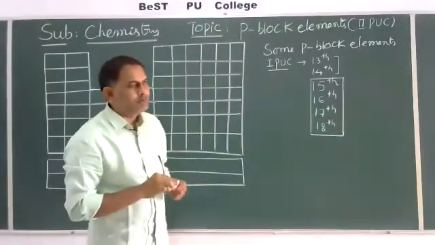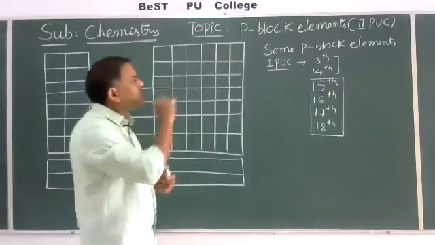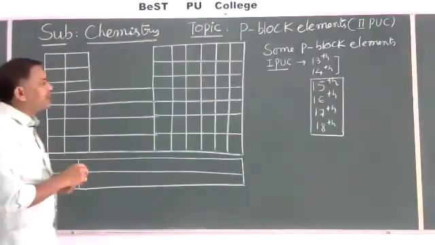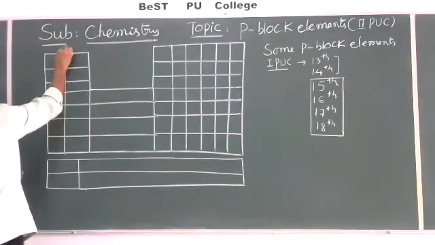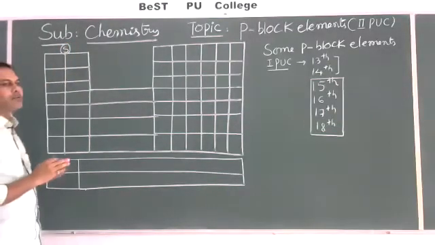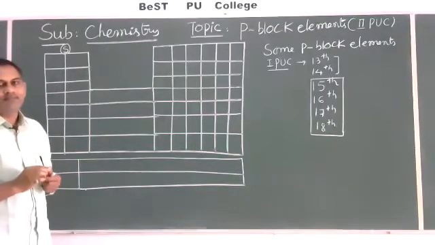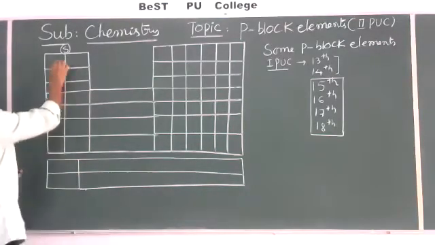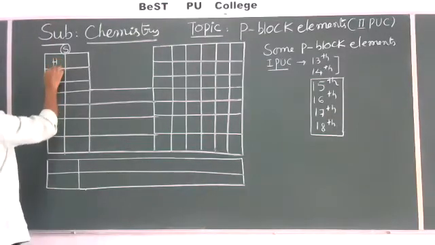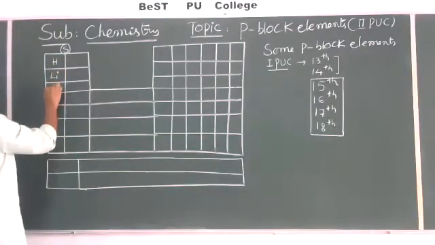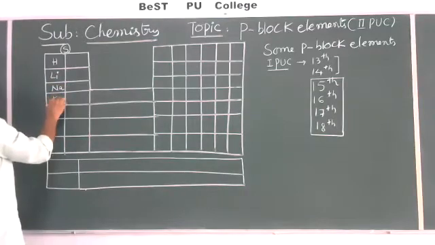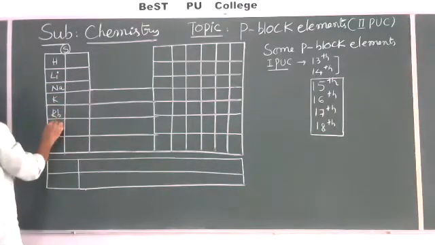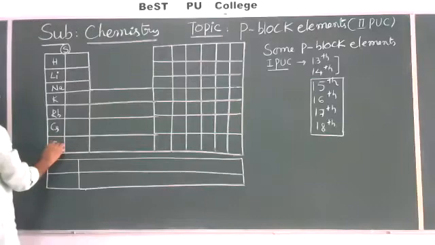So anyhow, from the blocks, in first year the S block, alkali and alkaline earth metals, was completed successfully. Here the alkali metals are hydrogen, lithium, sodium, potassium, rubidium, cesium and francium.